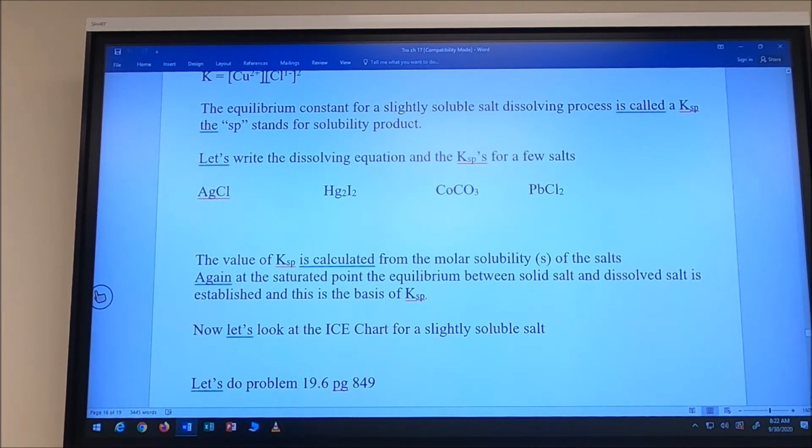So we're going to look at page 849. Correction. Why am I looking at the wrong one? Sorry guys, wrong book. That's an old number. So we're going to look at chapter 17, and we are going to look at a nice problem here.